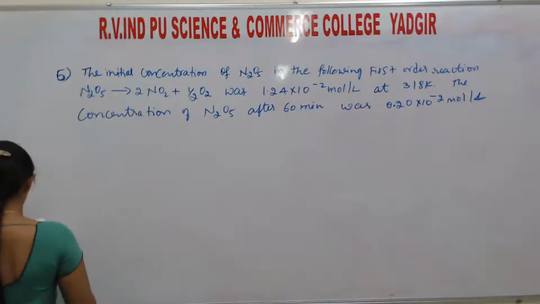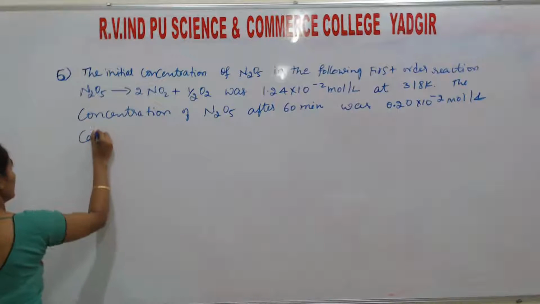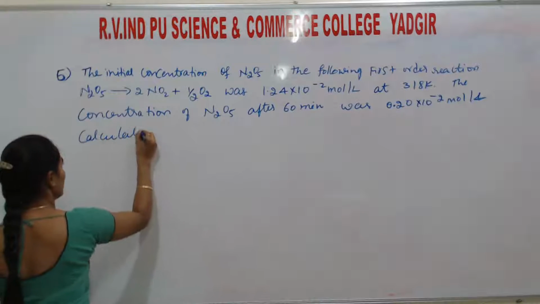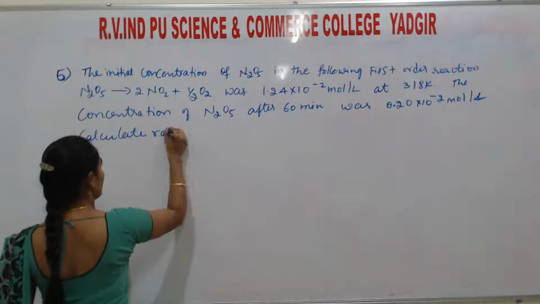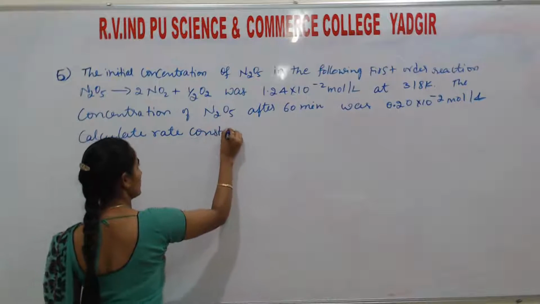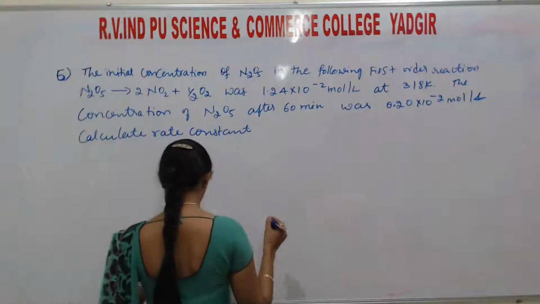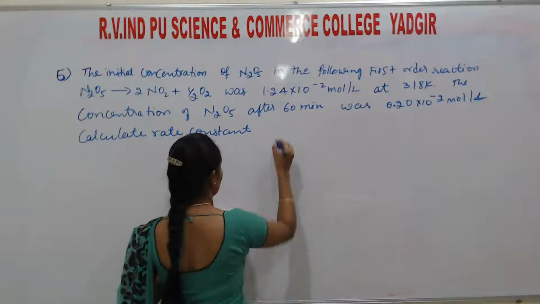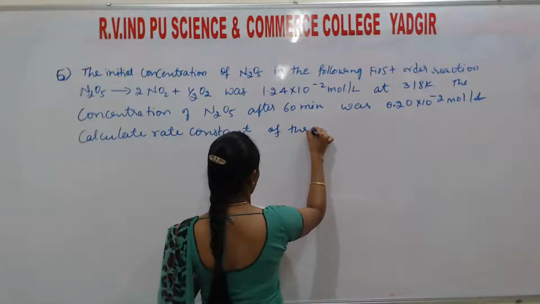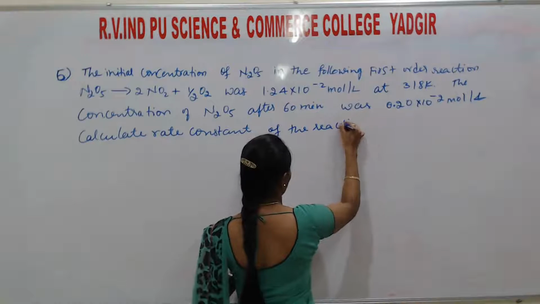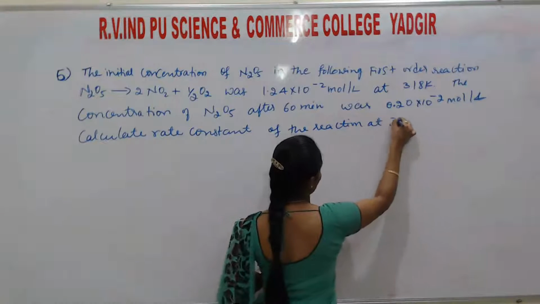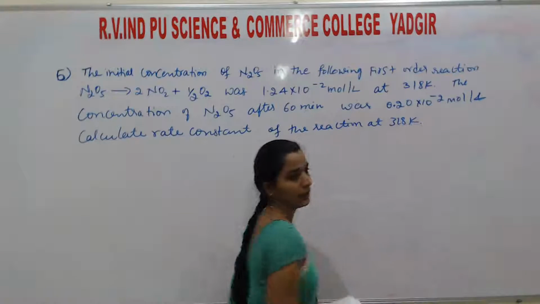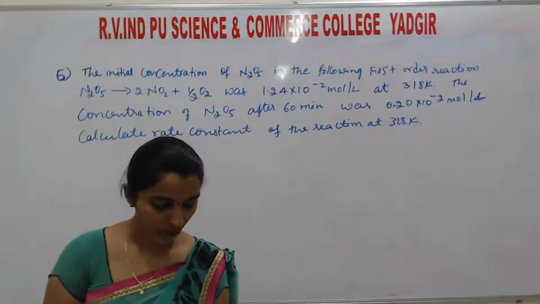Next, calculate the rate constant of the reaction at 318 Kelvin.